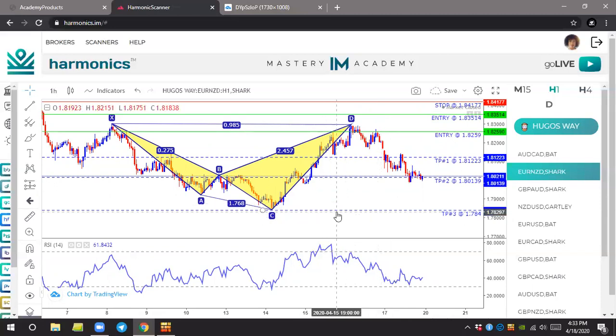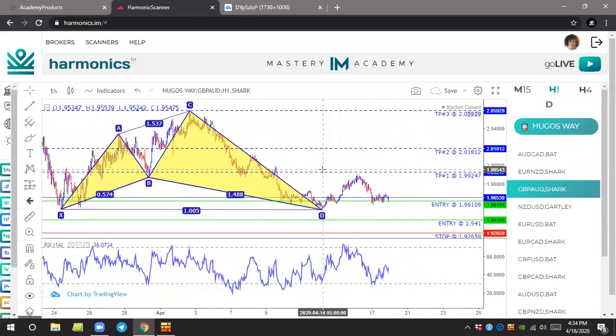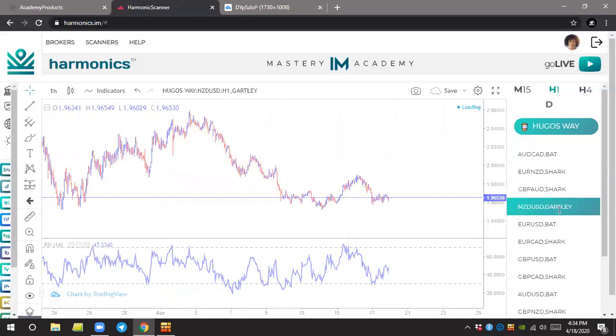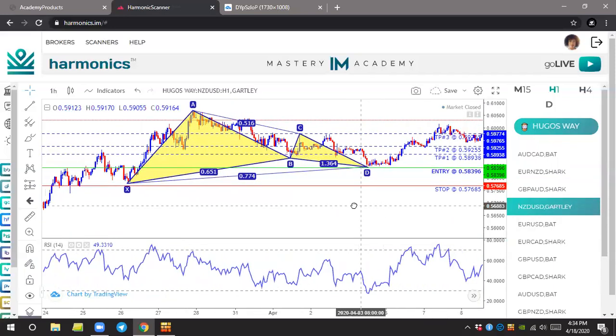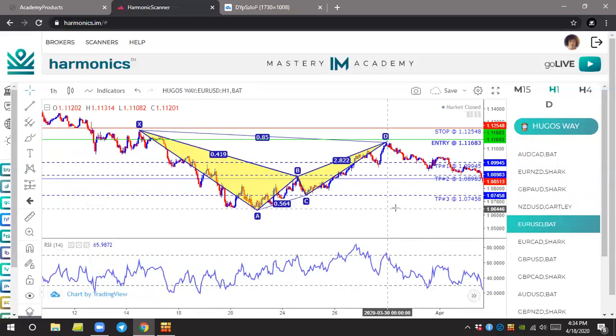Sometimes you will find it, sometimes you will not. It just depends. So let's go ahead and do another pair and see if we can find a clean example of RSI divergence. Let's see if I can find a clean one for you guys.